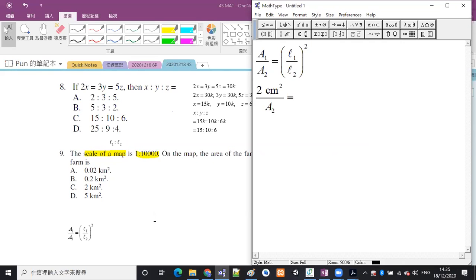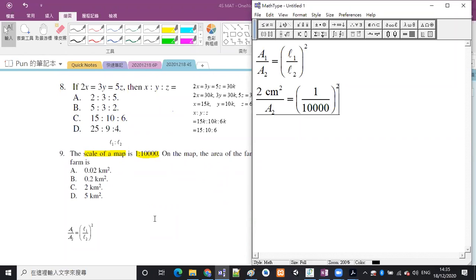And L1, we do not know what L1 is. We do not know what L2 is, but we do not care what they are. We just care about what the ratio of them is. So L1 over L2 should be 1 over 10,000. Can you get this?